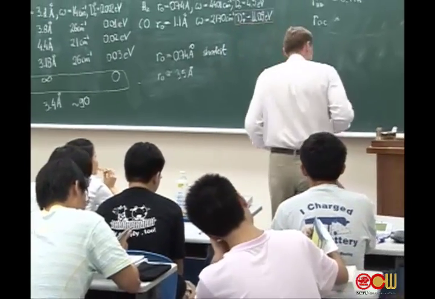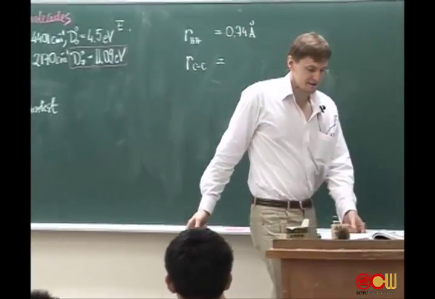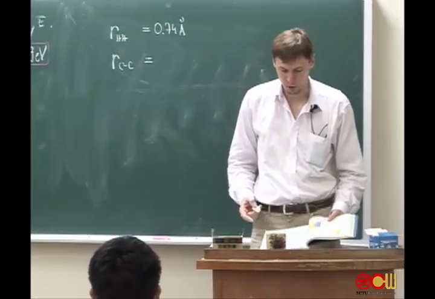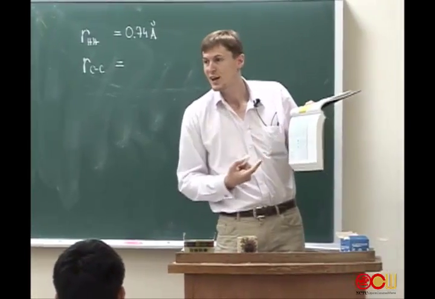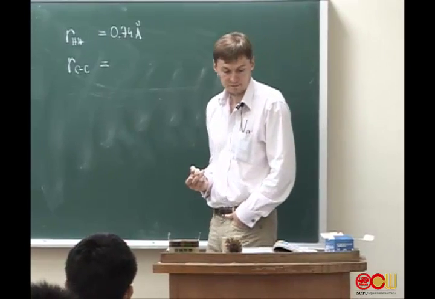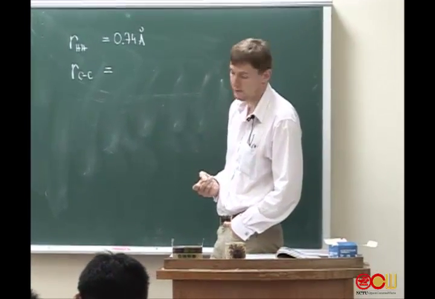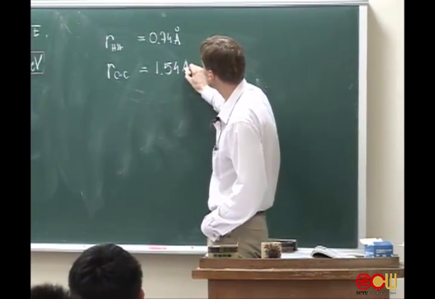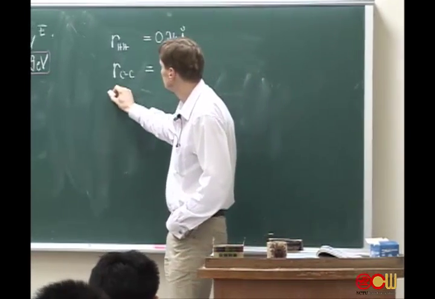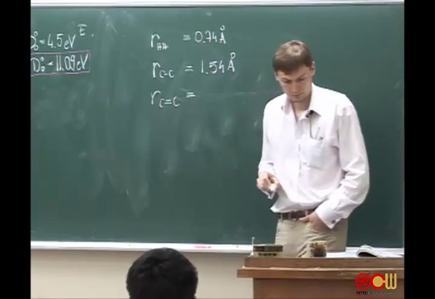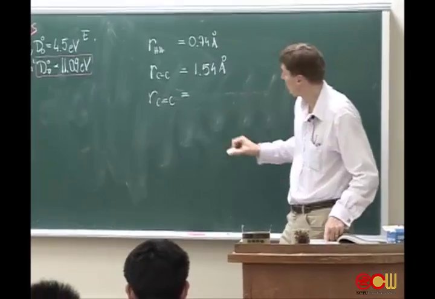Okay, since the answer 1.5 was a very good answer, I can tell you that the answer to your questions is in the table 2.4, which is giving the average bond lengths for different pairs of atoms. So carbon-carbon is 1.54. And carbon-carbon double bond is 1.34.